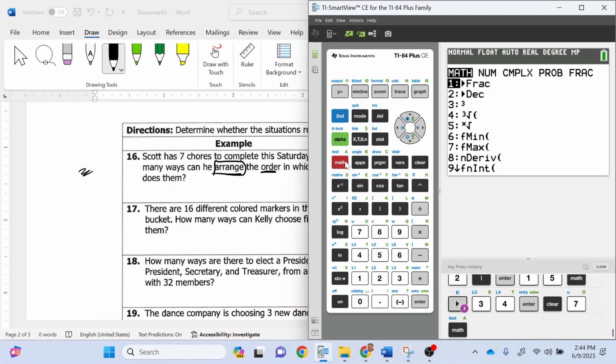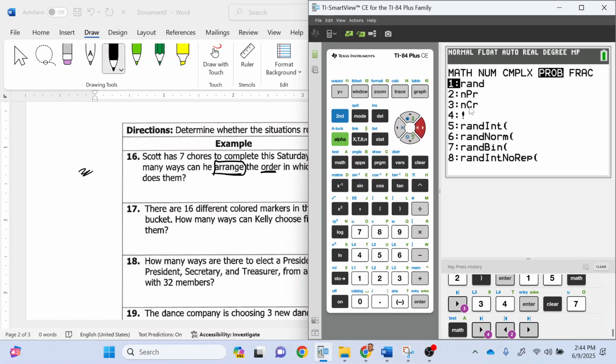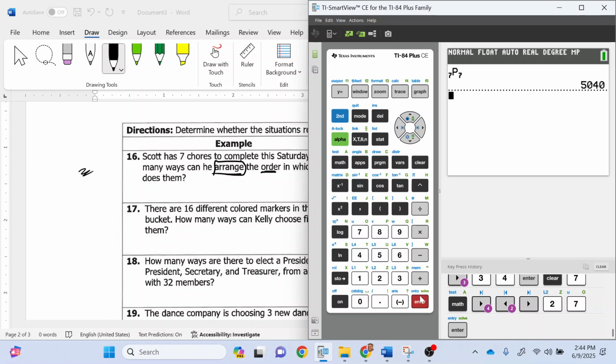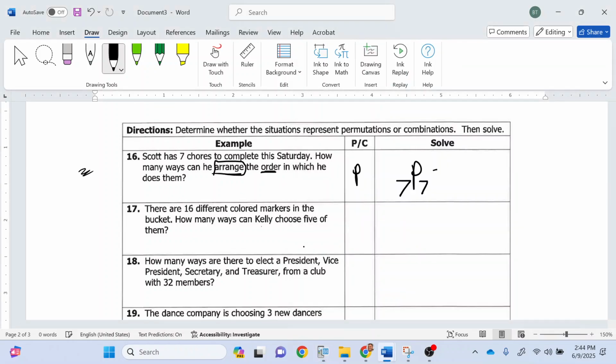Then I click math. I go to the right until I hit PROB. Then in this option, you have 3 things: nPr, nCr, and the exclamation point. Since I want nPr, I press 2, and then click 7 again. So 7P7 is 5040. So the answer is 5040.